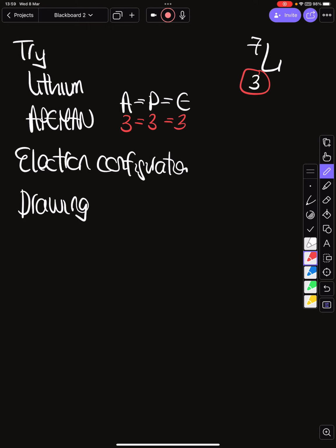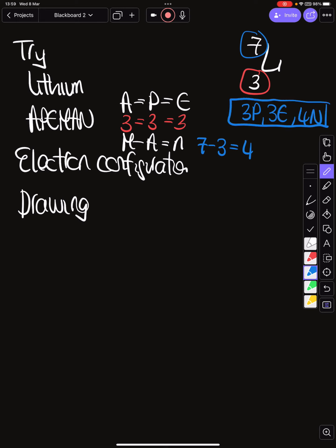I do my MAN portion of it: mass minus atomic is equal to N. You have to recognize that this number is the mass number. So it's going to be 7 take away 3 is equal to 4. So I now know for lithium that it has 3 protons, 3 electrons, and 4 neutrons.